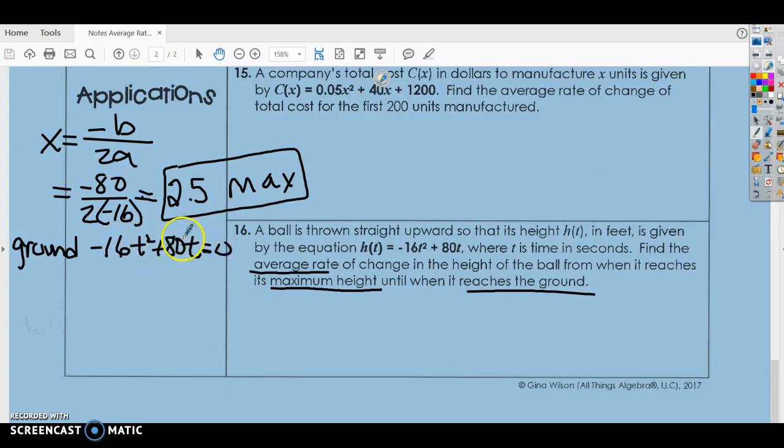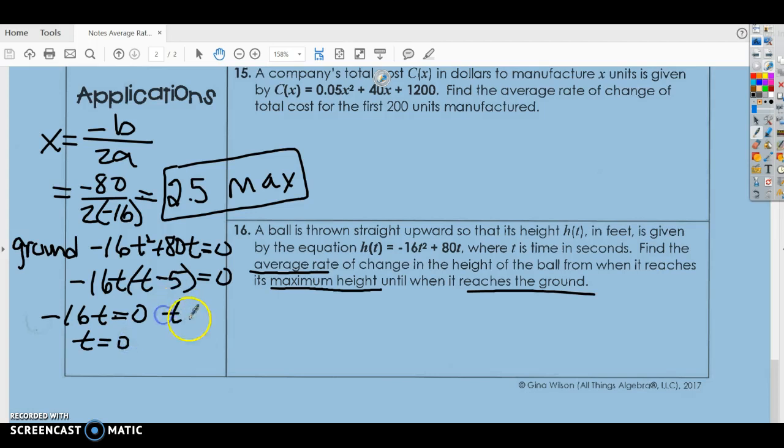Set it equal to 0. Find your greatest common factor. Pull out your greatest common factor and you have another factor left. Set each one equal to 0. And solve. Alright, so it's leaving the ground at 0 seconds. It's going to hit the ground at 5 seconds.